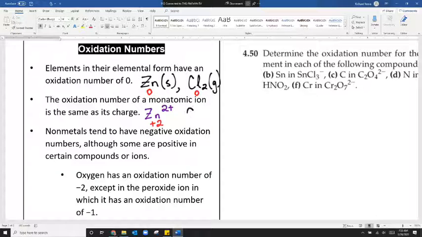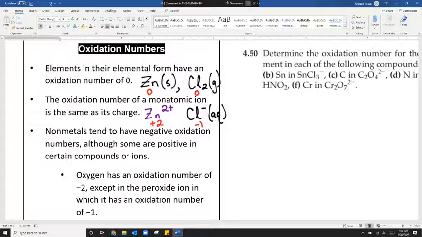If it were something like Cl-, maybe it says AQ after it. Maybe it does, maybe it doesn't, but usually it would say AQ after it. That oxidation number is, of course, -1. So if it clearly has a charge, we can see it from that. If it's part of a compound, maybe ZnCl2 as the compound, well, those would still be the ions that we're dealing with there.